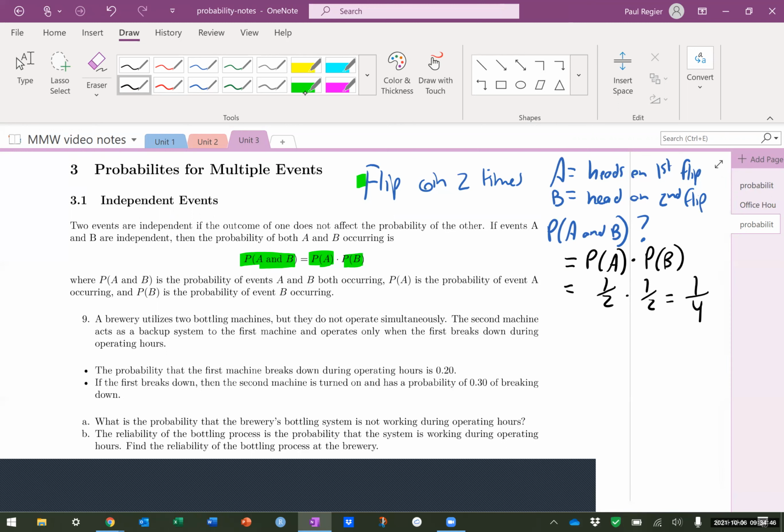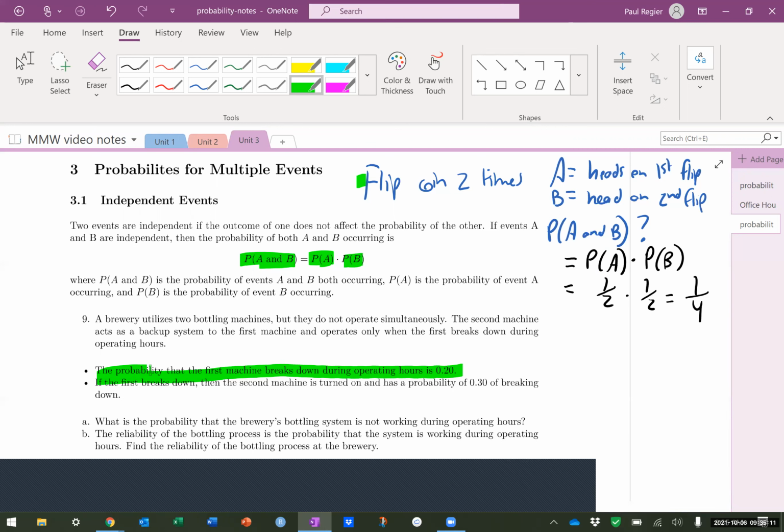So let's look at something a little more complicated. Say you've got a brewery that uses 2 bottling machines. In case one of them fails, they've got to have the backup. They don't operate at the same time; we only are using one at a time. The first machine is a little bit newer. It is known to break down only 20% of the time.